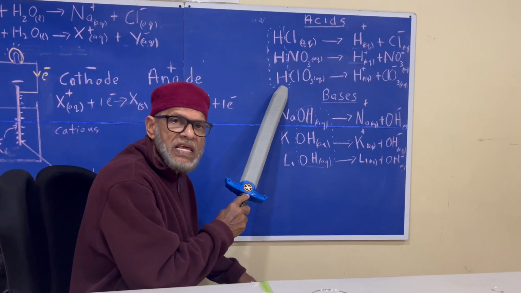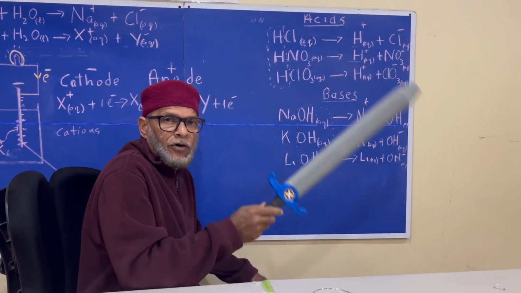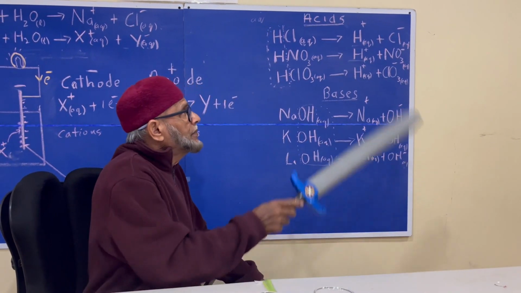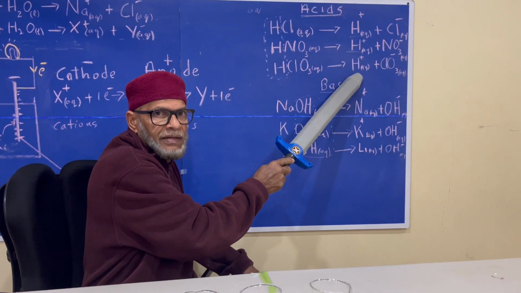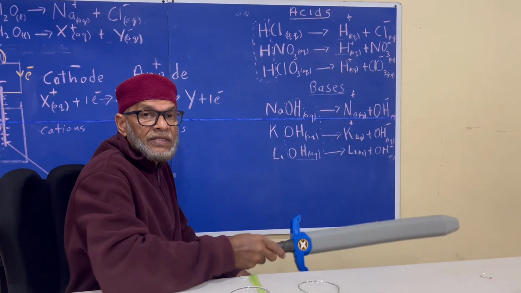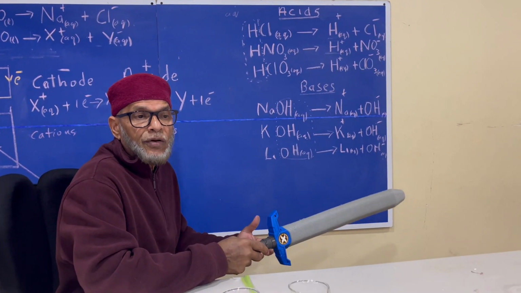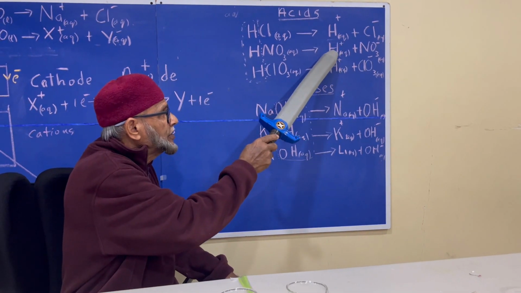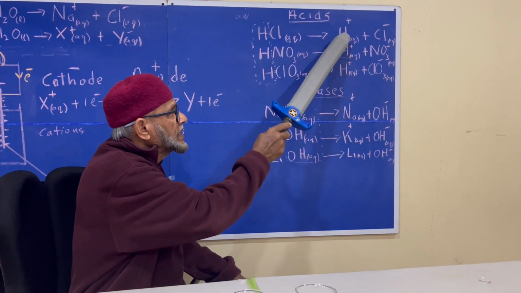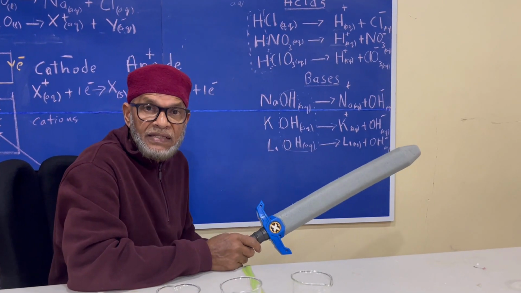So he theorized that when these dissolve in water and form ions, they must have produced hydrogen ions. So his theory was that when an acid dissolves in water, it produces hydrogen ions, and it is the hydrogen ions that cause these things to be acidic.